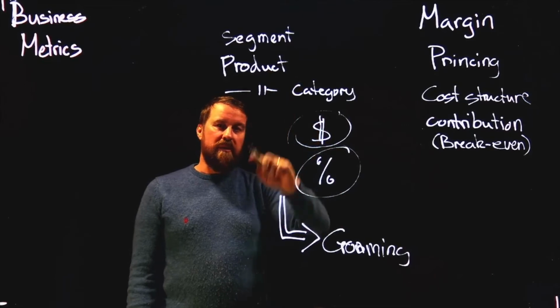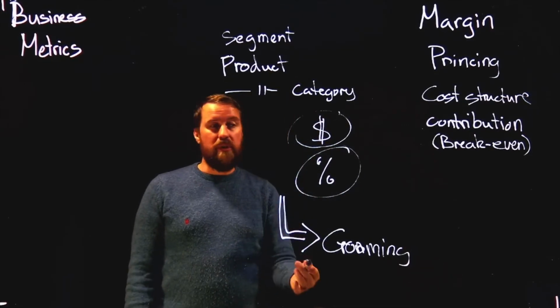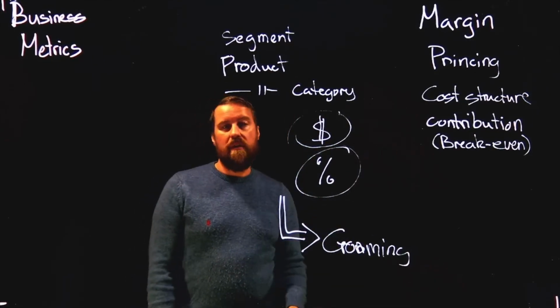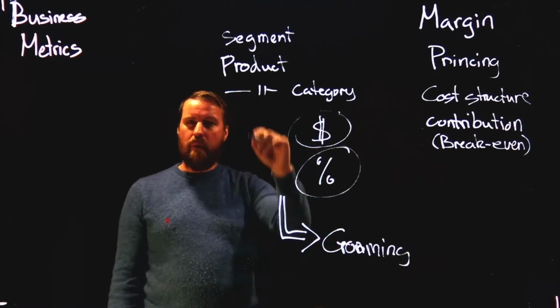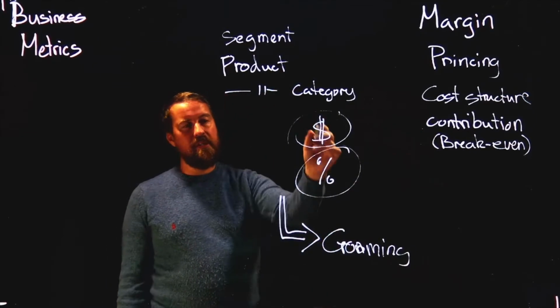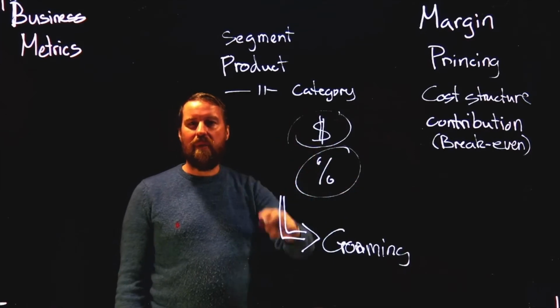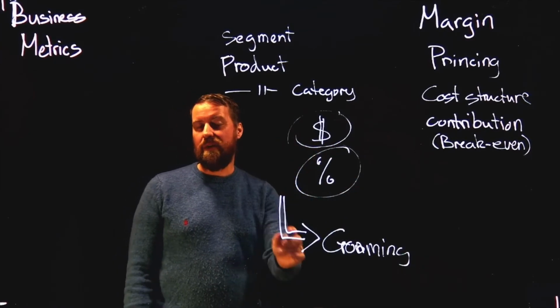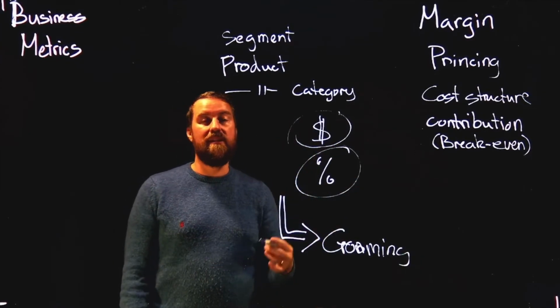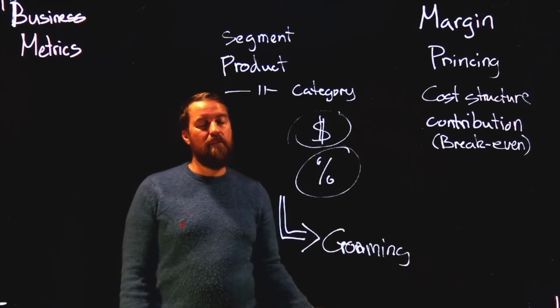When do we do this? Especially when we're introducing products, that's where we get to the break-even points. And it's quite closely linked to these ones here, because we need to have a certain amount of dollars spent because we have some fixed costs which need to be covered, and then we need to have a margin.